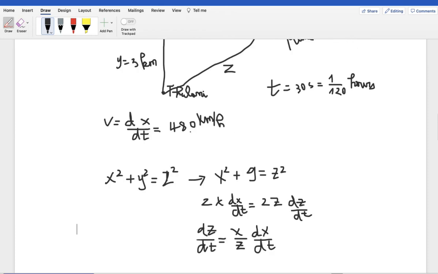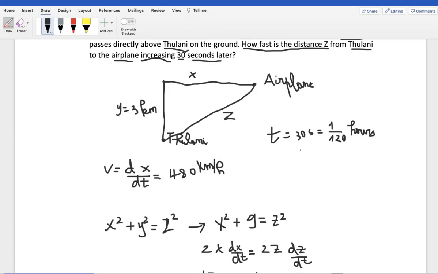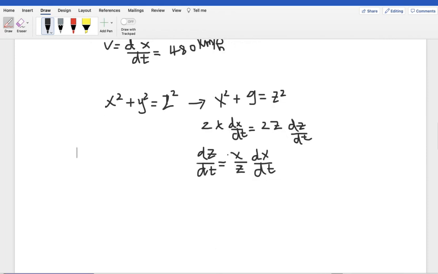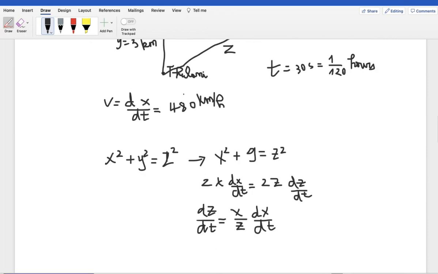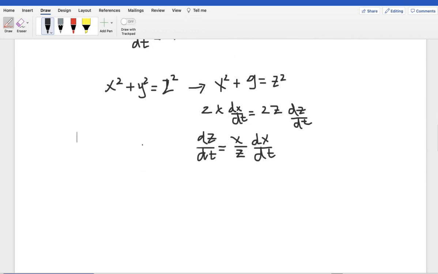So when t is equal to 30 seconds, which is 1/20th of an hour, we can multiply, basically, dx dt by the time to find x.